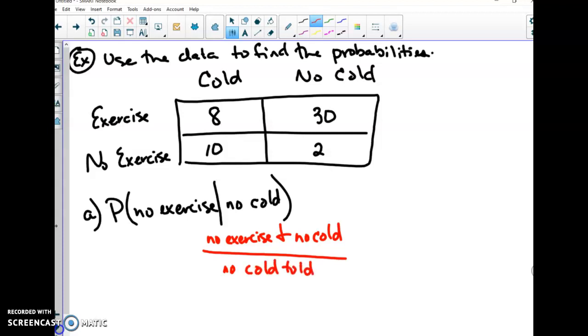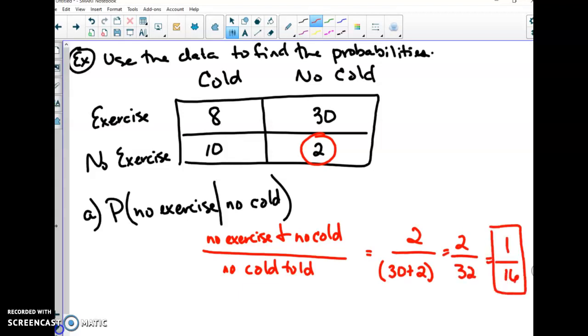So in this situation, I have no exercise and no cold. So I can see here that that's 2. The no cold total is 30 plus 2. So I have 2 over 32, which ends up being 1 over 16.